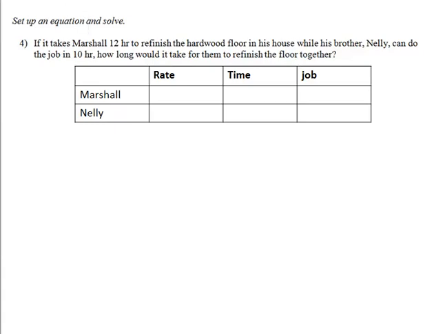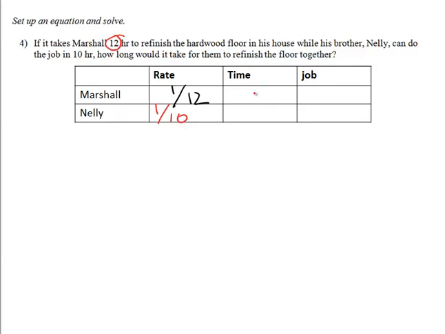So if the first brother can do it in 12 hours, that means he would do 1/12 of the job in an hour. That's his basic rate. This other brother could do 1/10 of a job in an hour.